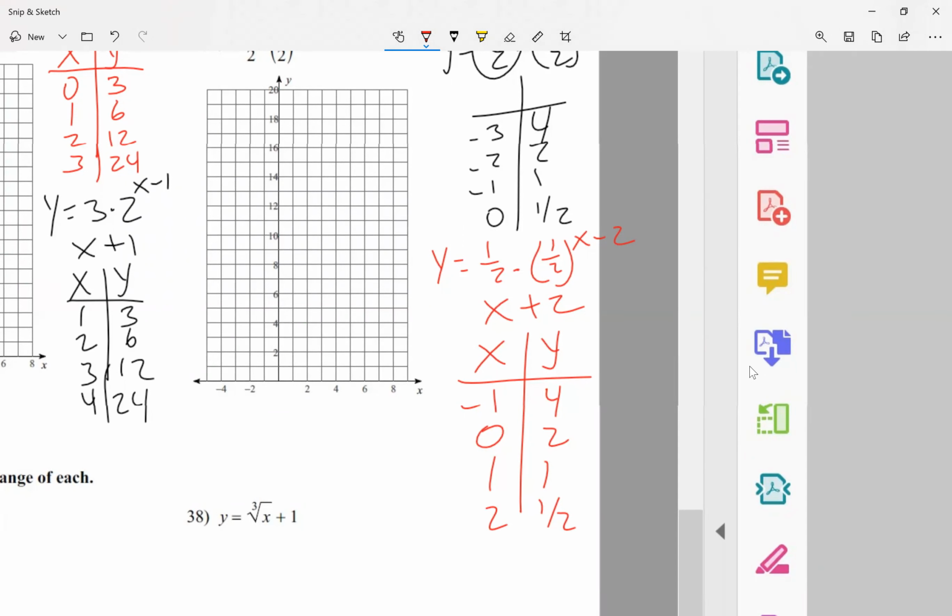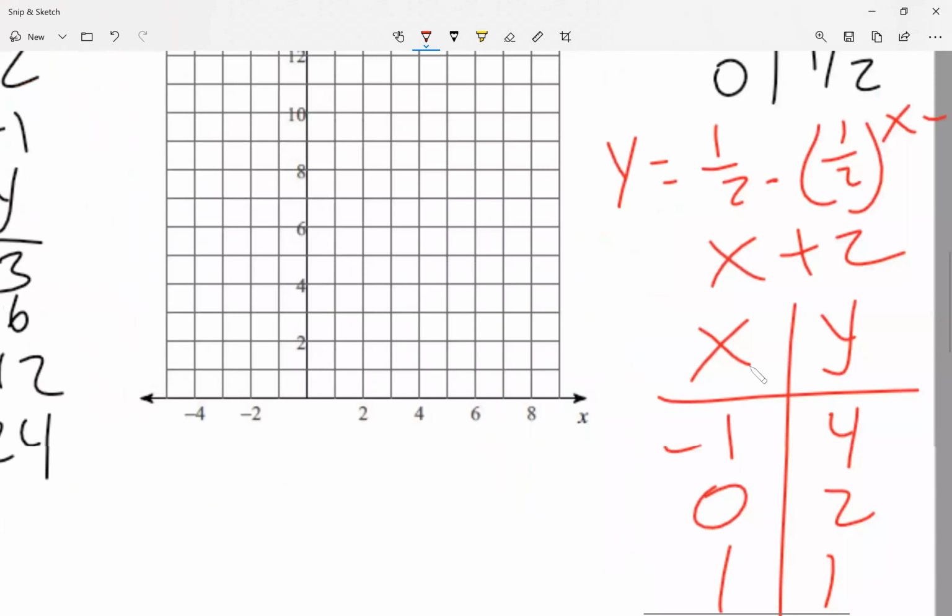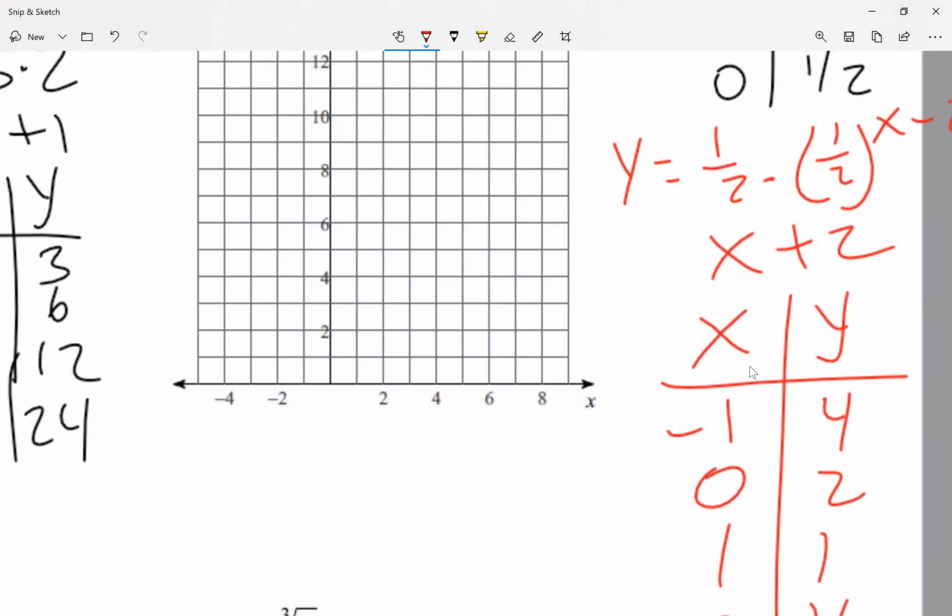All right, -1, 4, let me graph that one. 0, 2, 1, 1, and 2, 1/2.